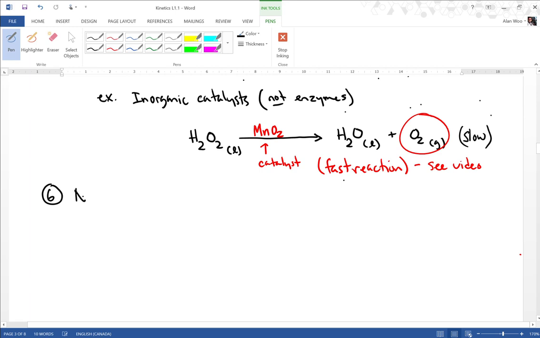So the very, very last factor is called nature of reactants.